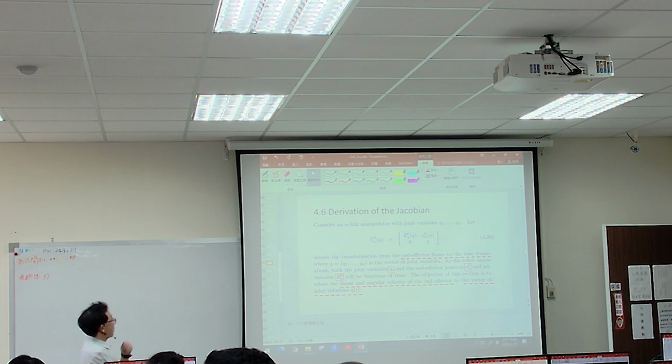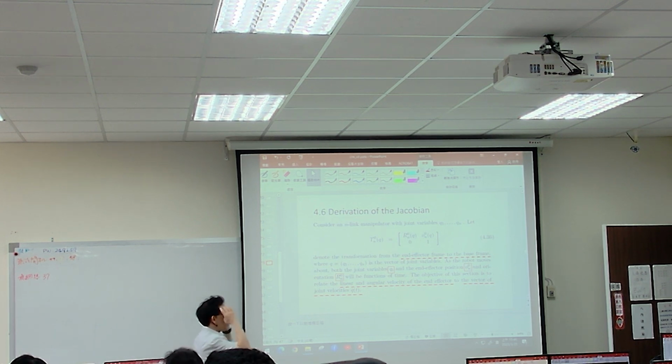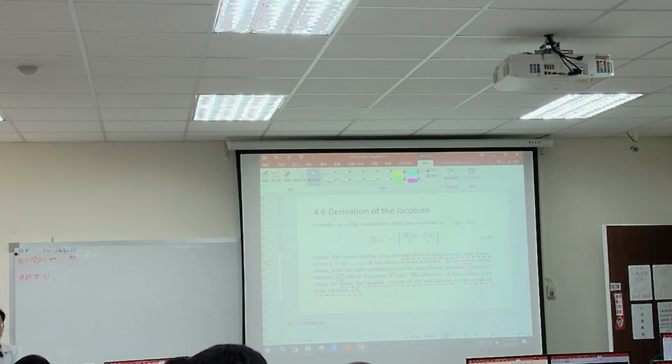And I want to step into section 4.6, the derivation for the Jacobian. I would say this is quite hard to understand when I first got involved in this area, especially the presentation in the textbook.